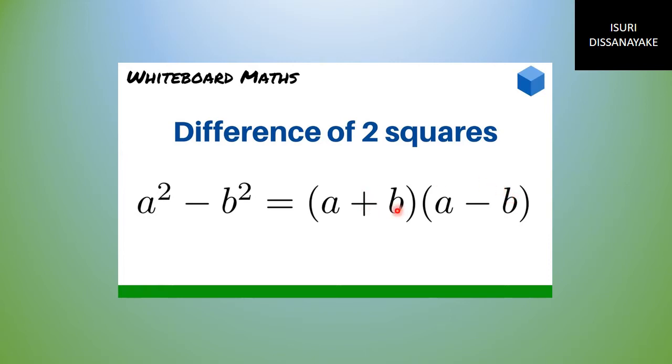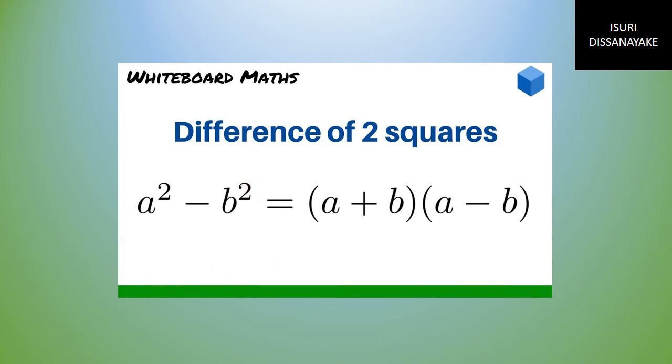When you multiply B times A, it is plus AB. When you multiply B times B, it is minus B squared. So you can notice plus AB and minus AB will cancel off. You are left with A squared minus B squared.